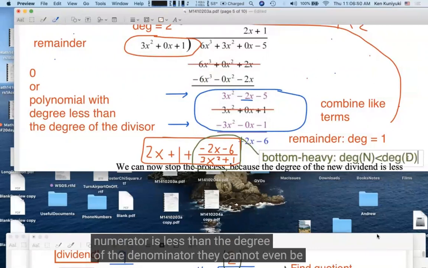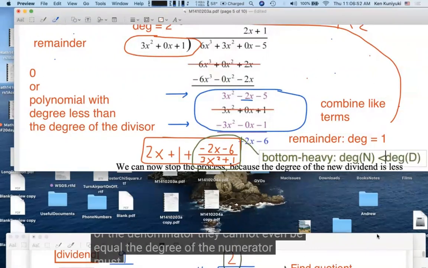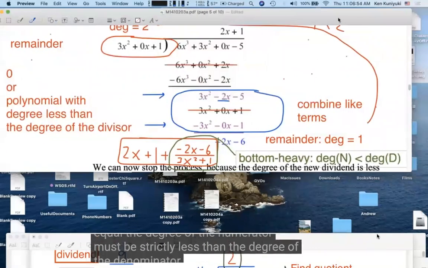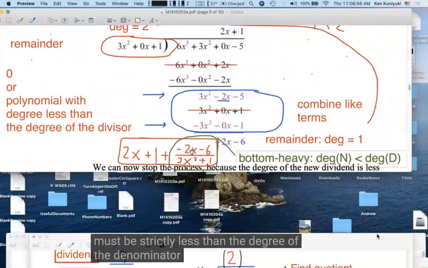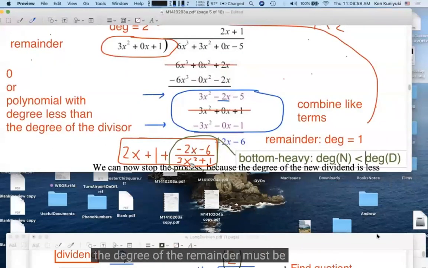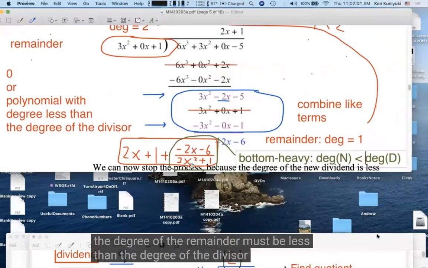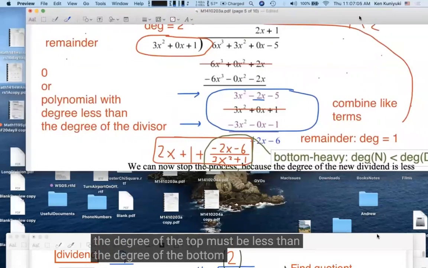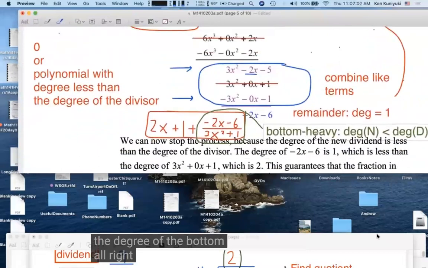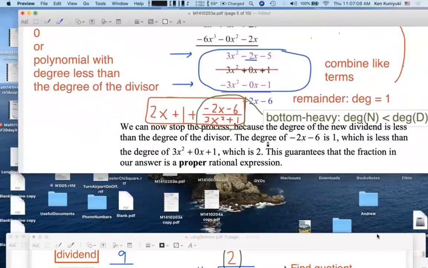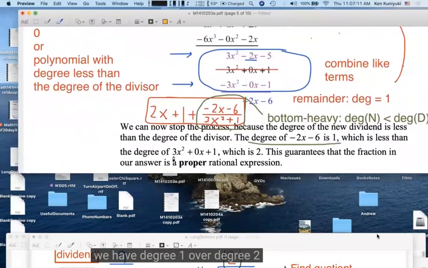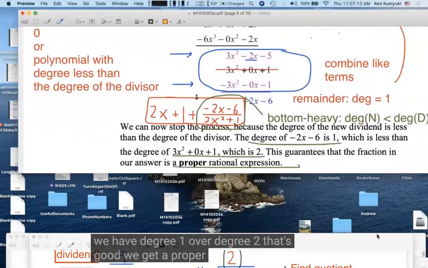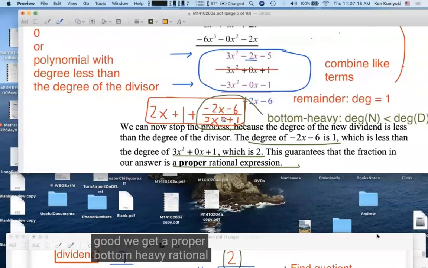They cannot even be equal. The degree of the numerator must be strictly less than the degree of the denominator. The degree of the remainder must be less than the degree of the divisor. The degree of the top must be less than the degree of the bottom. All right. We have degree 1 over degree 2. That's good. We get a proper bottom-heavy rational expression.